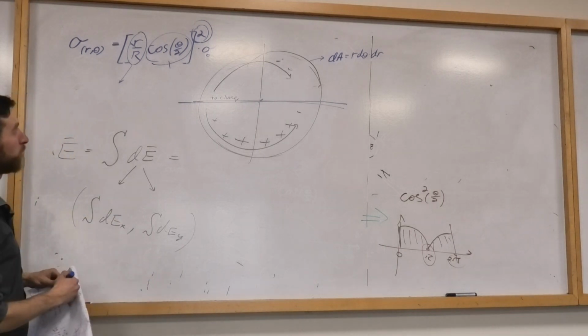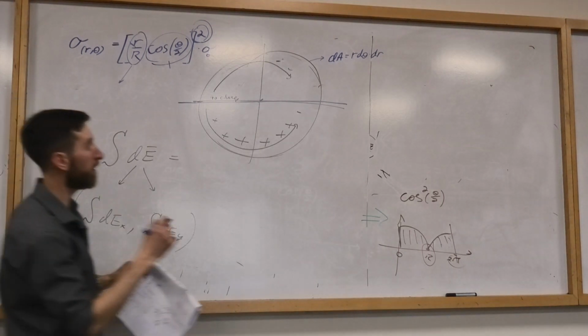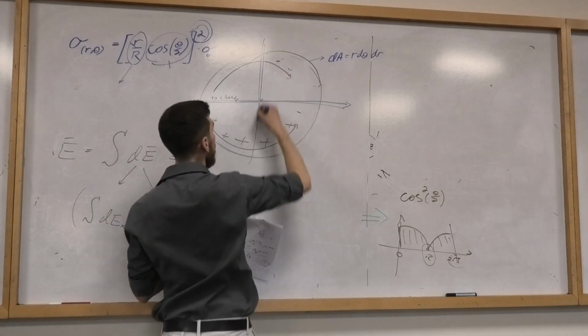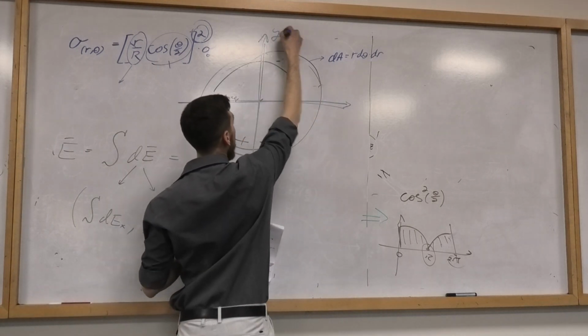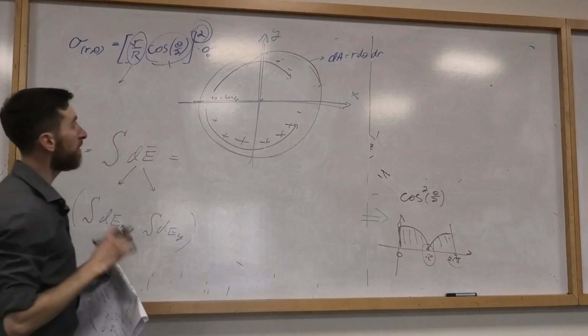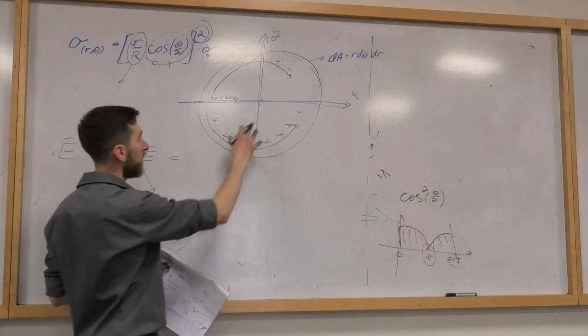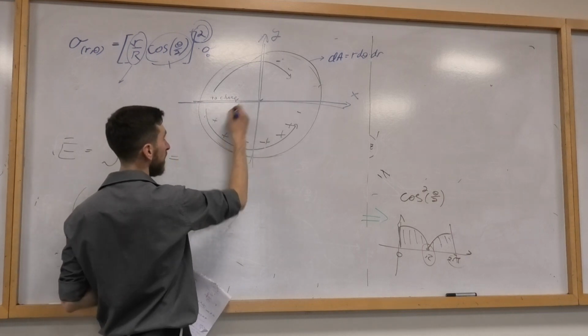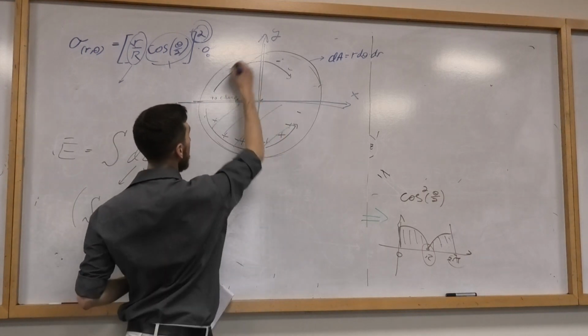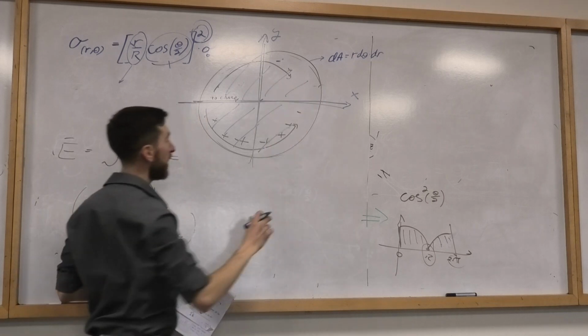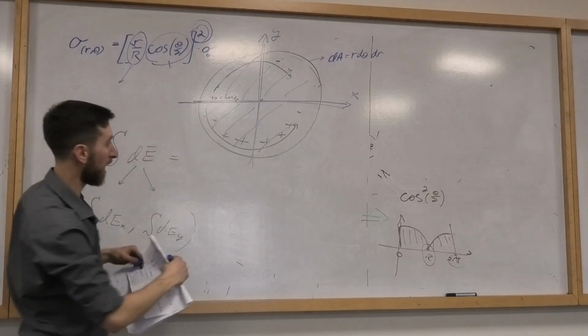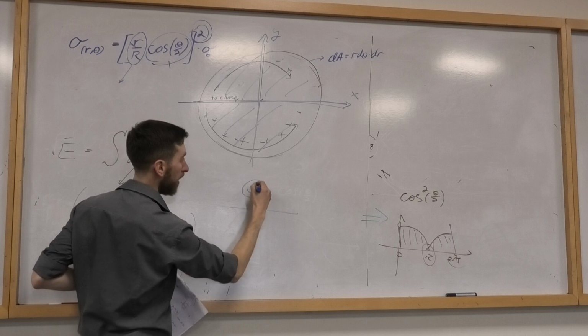So I see two interesting things here that are going to reveal the direction of the electric field. First of all, I don't see any difference between this part and this part. It's like we have some mirror here, right?